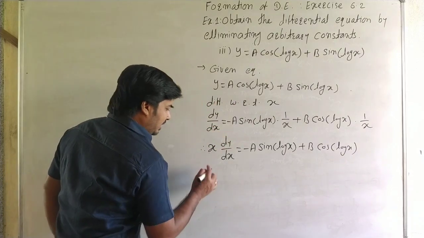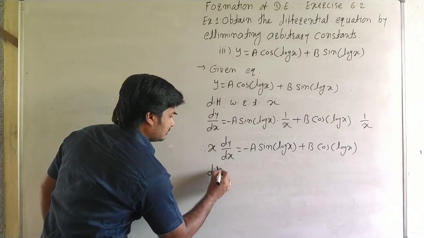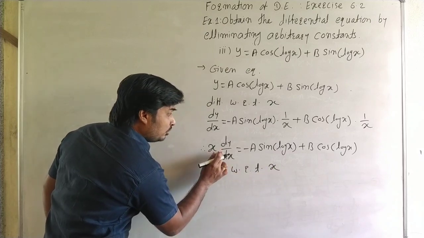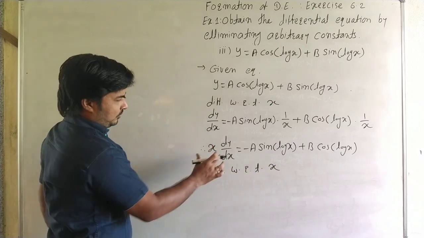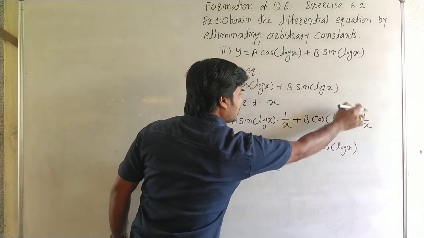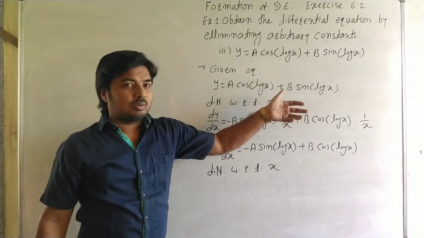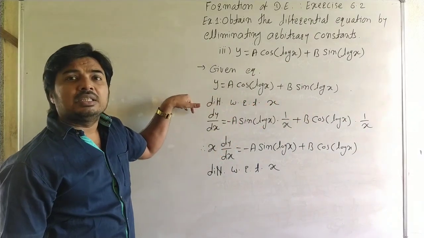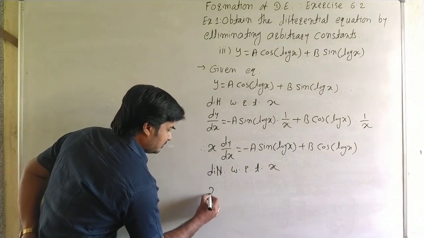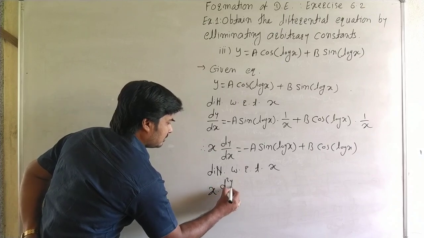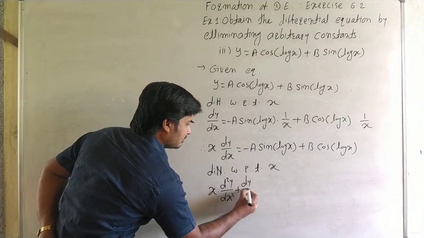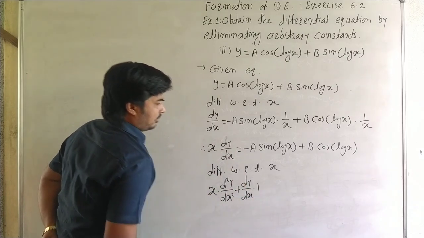Now again differentiate with respect to x. Here for x into dy by dx we use the u into v rule: first as it is into derivative of second, plus second as it is into derivative of first.